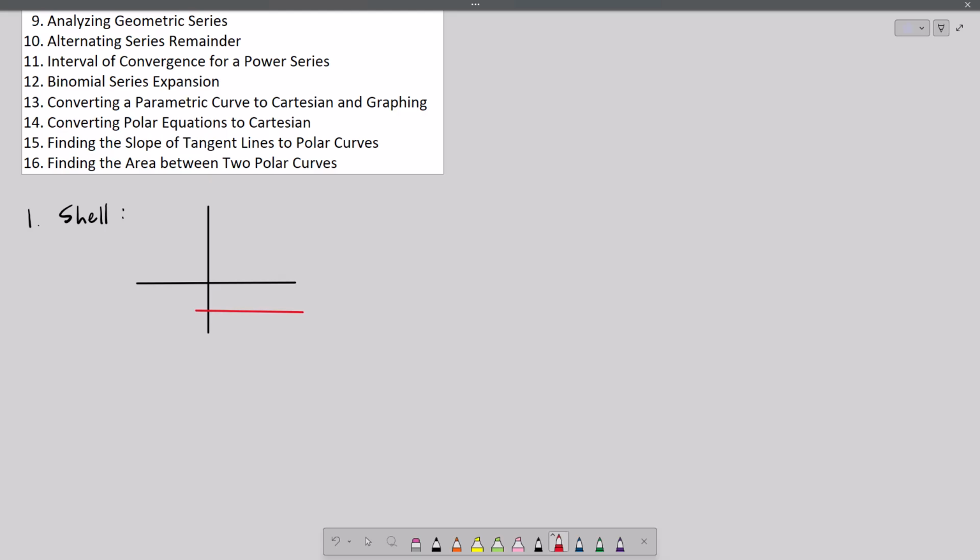So let's create a nice simple geometric shape like a triangle. Well, actually, let's do a parabola. So let's do y equals x squared from 0 to 1. And we're going to take that region right there, and we're going to take all that area, and we're going to rotate it around that axis.